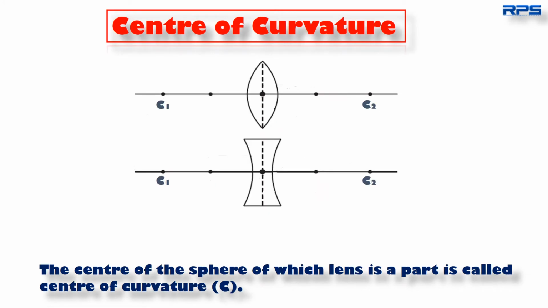Center of curvature. The center of the sphere of which lens is a part is called center of curvature. It is denoted with the letter capital C. Since a lens is made up of two curved surfaces, each lens has two center of curvatures.